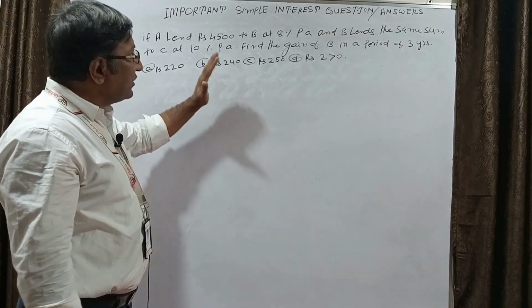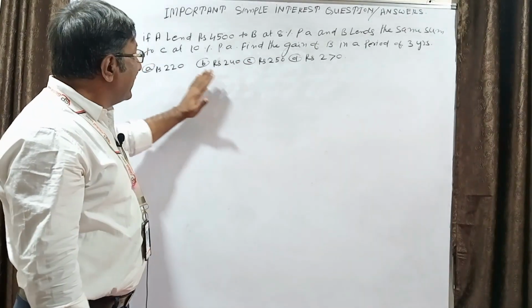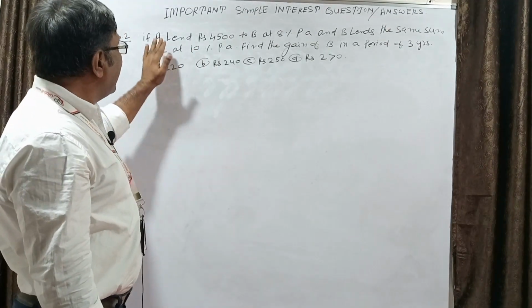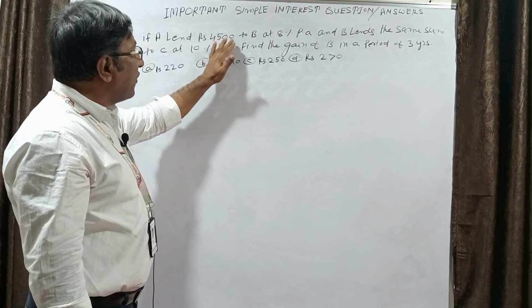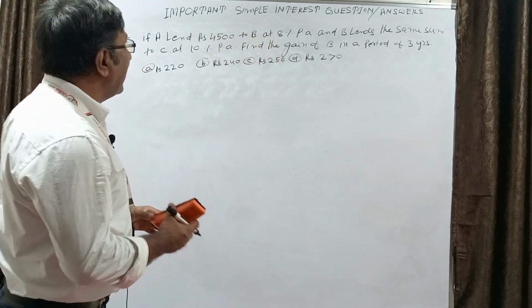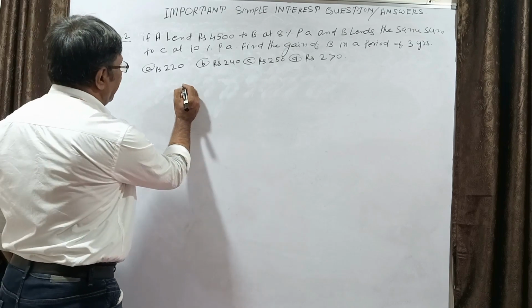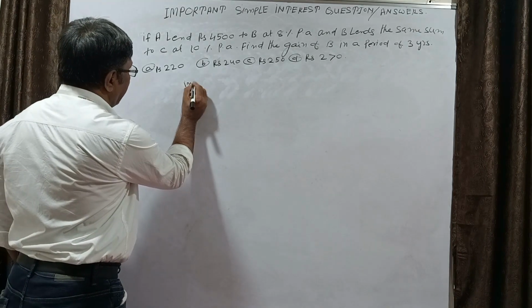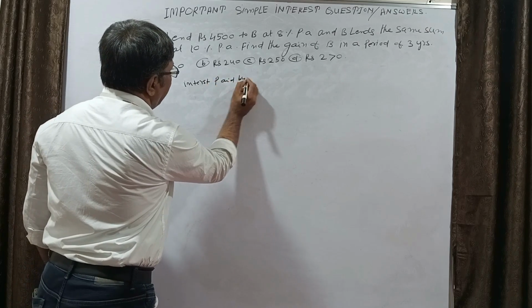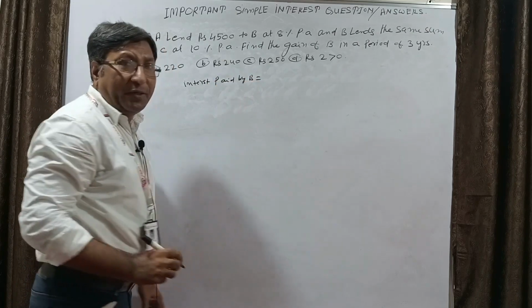Again, for this type of question, the technique is to read the question carefully and check what is given. Here A lends rupees 4,500 to B. First you find the interest paid by B.